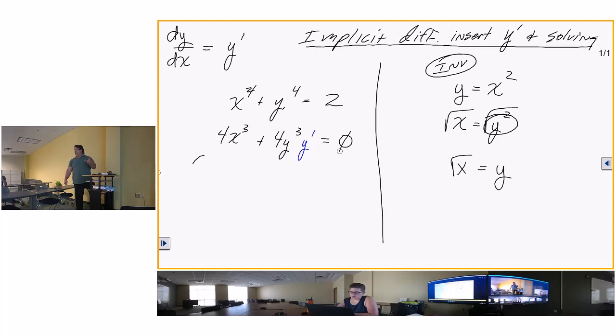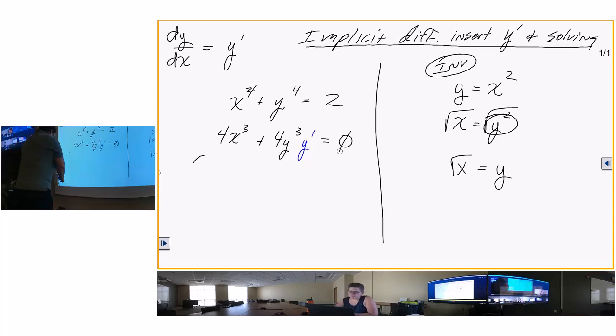Yes. Do you want to? That would probably be a hell to the no, because it would be very difficult. You would get the fourth root of something, that would be something to the 1/4 power, and then you'd have to use the chain rule. But it could be done, but it's not desirable.